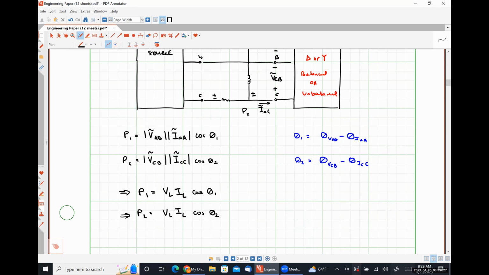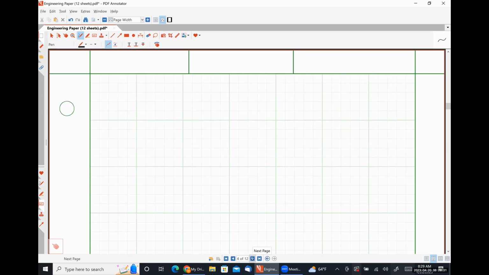Let me go to another page here really quickly. We're going to figure this out. Let's say that we had a Y connected load, ZY, like so.